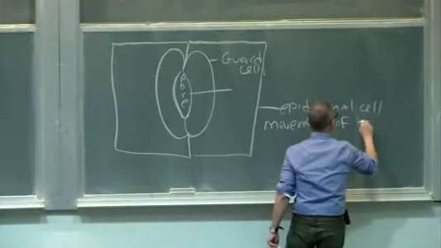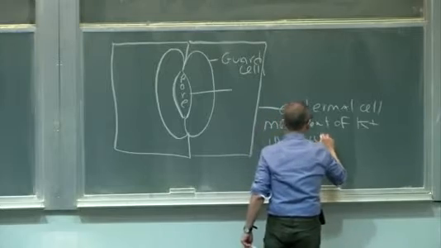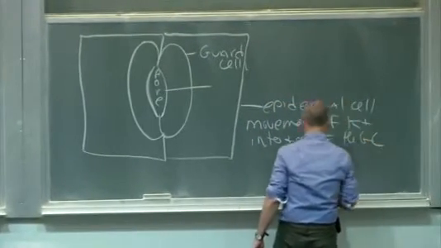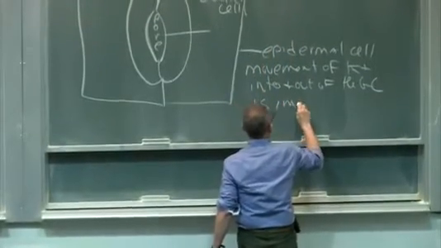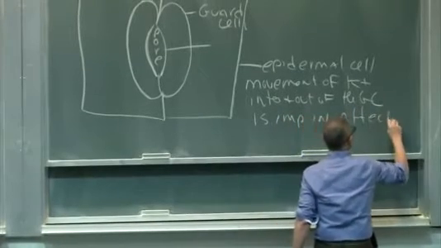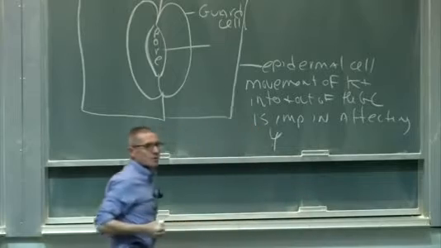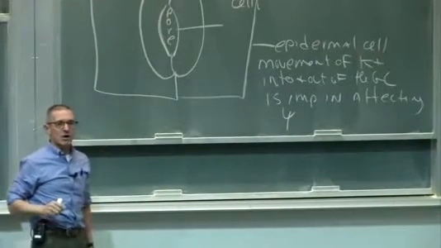of potassium into and out of the guard cells is important in affecting the psi. So potassium is the ion which we're moving across the membrane of these living guard cells.